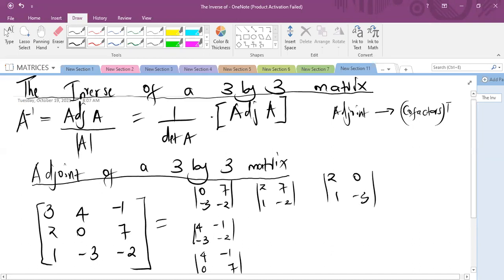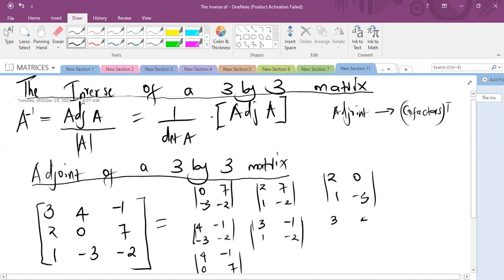Deleting the row and column in which 0 lies, we remain with 3, minus 1, 1, minus 2. Here at this position 7, deleting the row and column, we remain with 3, 4, 1, minus 3.